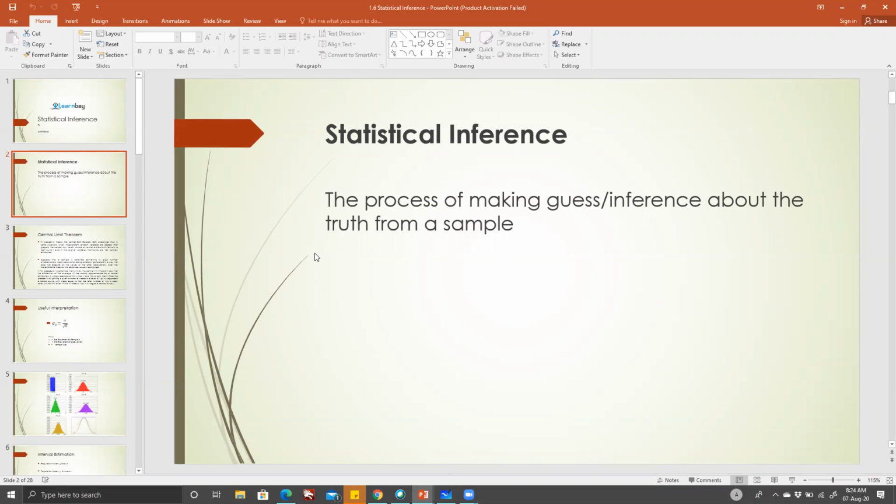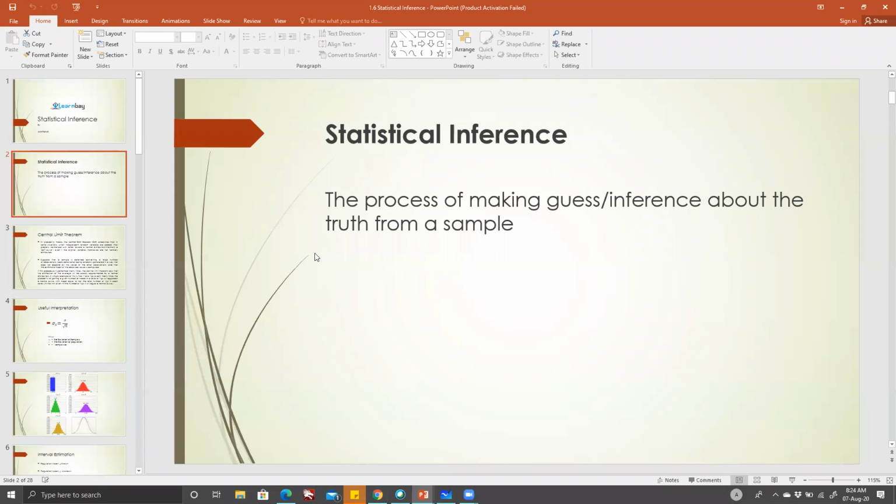You actually already know the truth about the population. You have already figured things out, so there is no part of inference there. If you have access to the whole population and can solve that issue, there is no point in doing statistical inference.